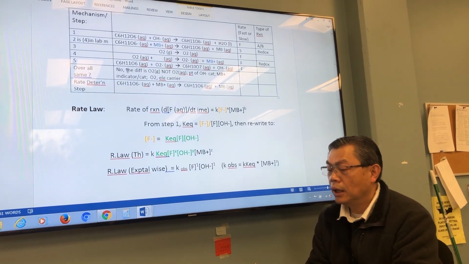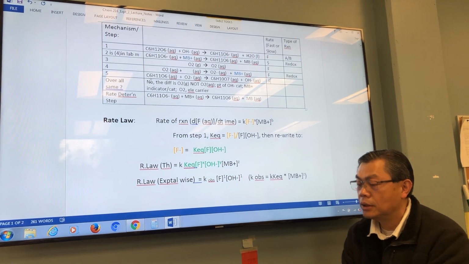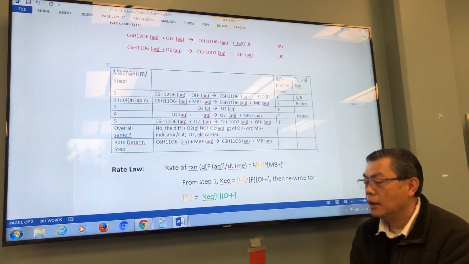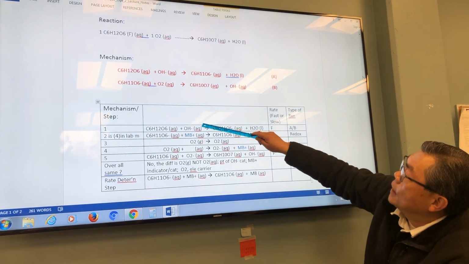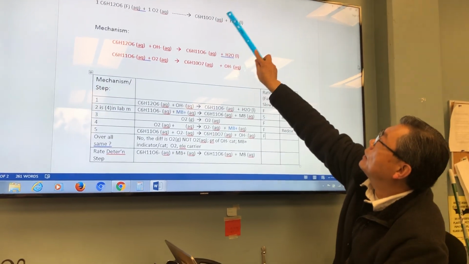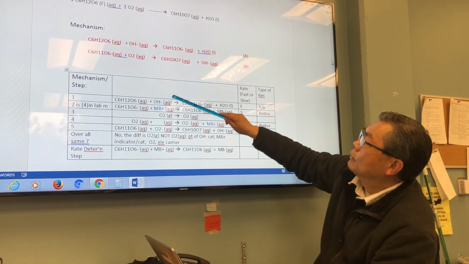Now before we go further, just answer more questions. Number one, when we add all these 5 steps, do we get this step when we combine all the 5 steps?